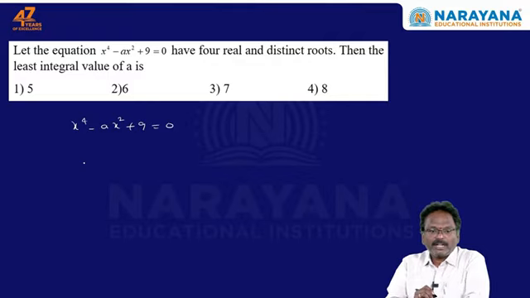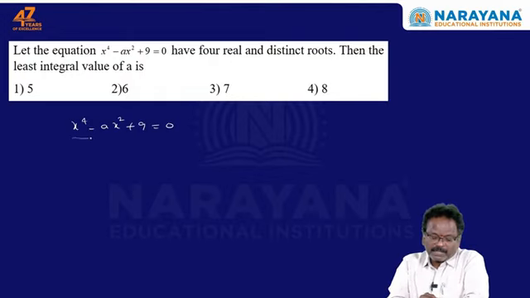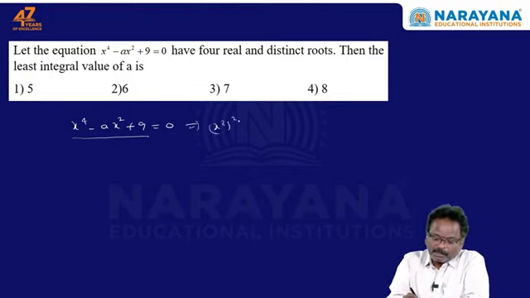We require the a value. What condition is given here? The equation has 4 real and distinct roots. To calculate the least integer value of a, we can call this a second degree equation in terms of x square. That means we can write this as x square whole square minus a into x square plus 9 equal to 0.